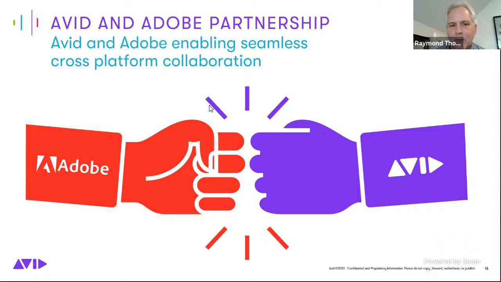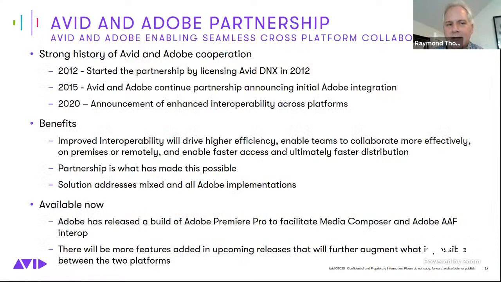And really, at the end of the day, what's driving all of this interoperability is the partnership between Avid and Adobe. So quickly, some history here. Back in 2012 was really the first cooperation between the two companies, where Adobe licensed Avid DNX and made it available inside of Adobe Premiere Pro.